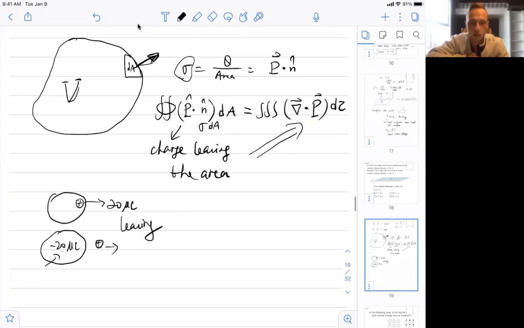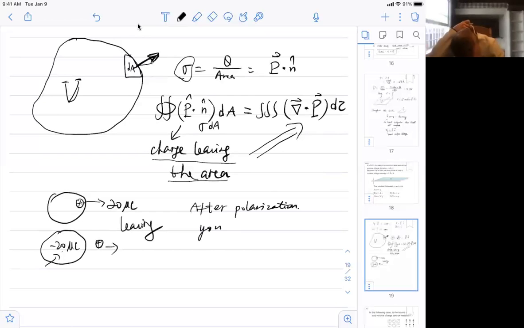So if charge is leaving the area, after polarization you find that your volume has lost this much charge because it has left.